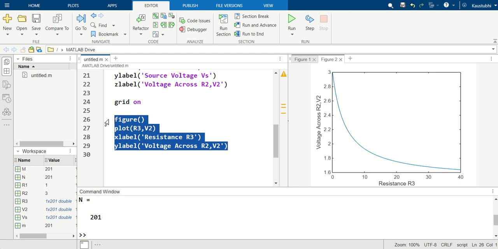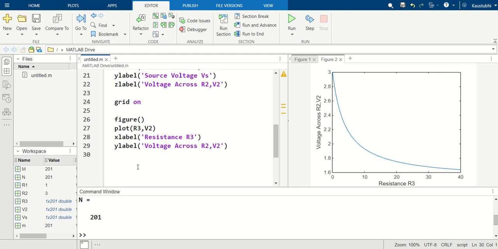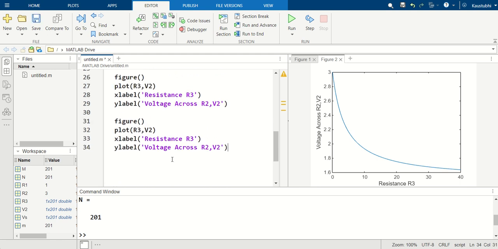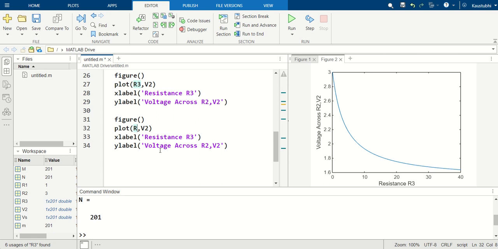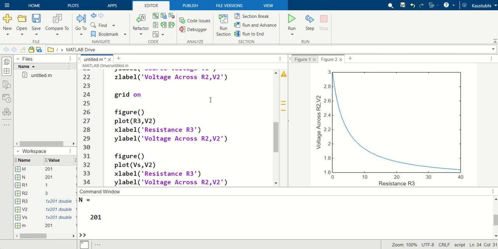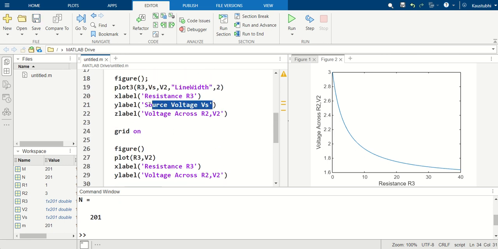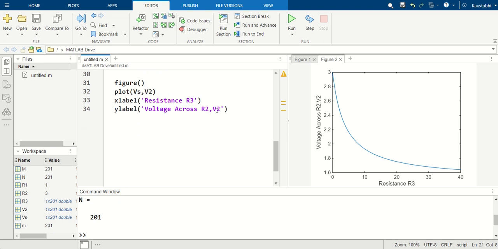Let me plot one more figure for you. Here I am going to just vary Vs and plot V2 across Vs. So this is my source voltage.